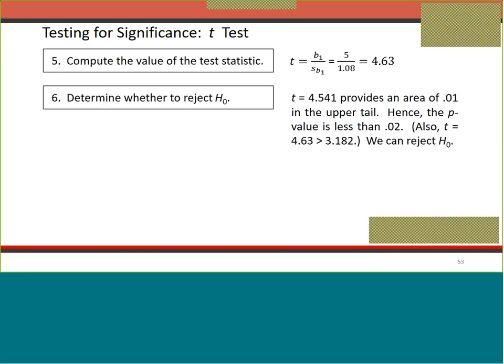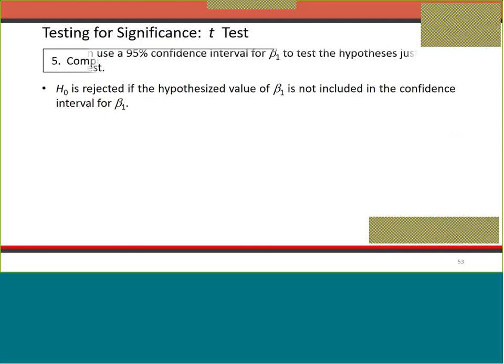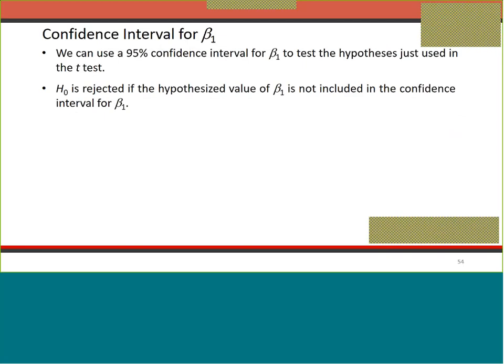Compute the test statistic: t is 4.63. Because it is a two-tailed test, the p-value is twice the probability of t being greater than or equal to the table value.